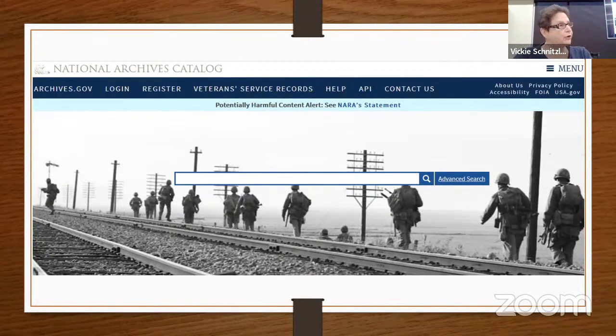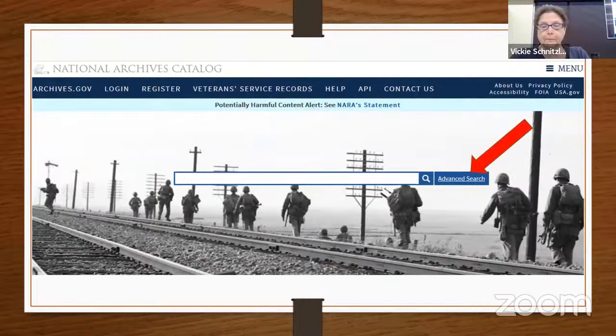And we have a couple different options at this point to find the 1950 Federal Census enumeration maps. We can either type it into the line, so next slide, which I did for the state of Wisconsin, or you can go to the button at the back where it says Advanced Search. Next slide, right there.